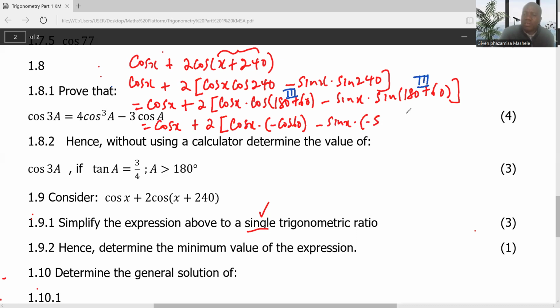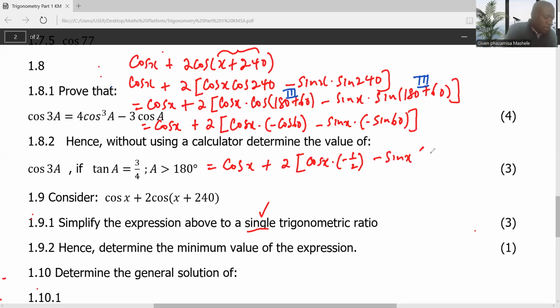It's not a cofunction. So if we simplify, what is cos 60? Cos 60 is a half. If we substitute, this will be cos x multiplied by minus half, minus sin x multiplied by sin 60. Sin 60 is root 3 over 2.